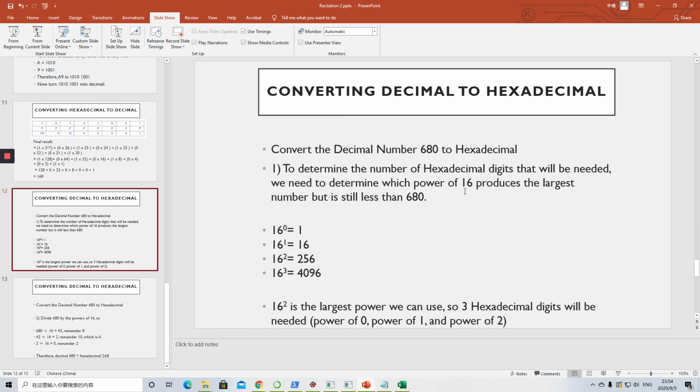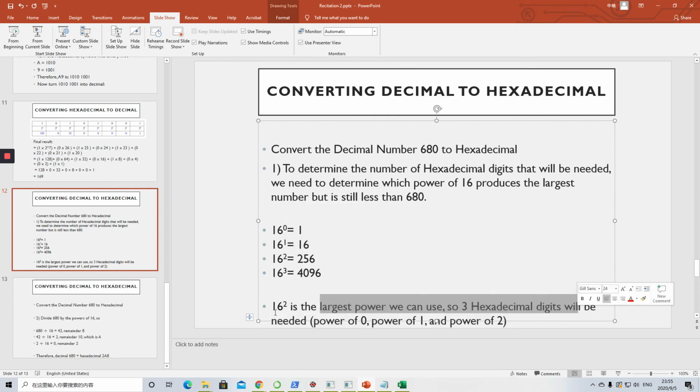We do a very approximate measurement. 16 to the power of 0 equals 1, 16 to the power of 1 is 16, 16 squared is 256, and 16 cubed is 4,000 or more. So you can see that we just need 3 digits for this hex number, because we will not exceed that 4,000 number.